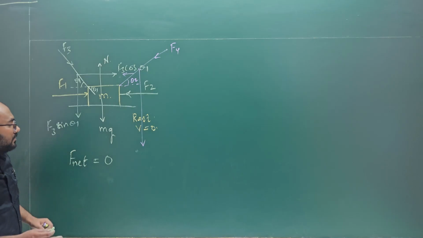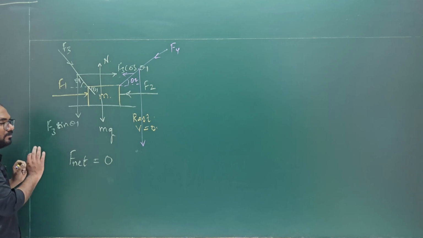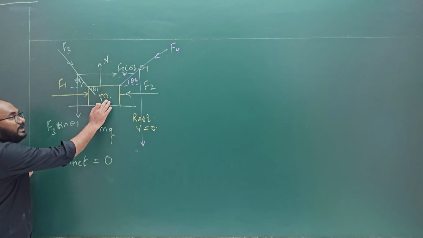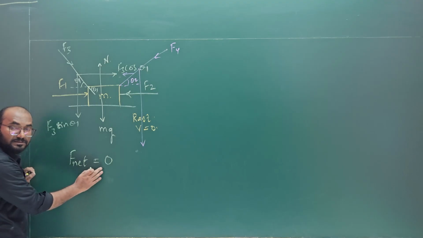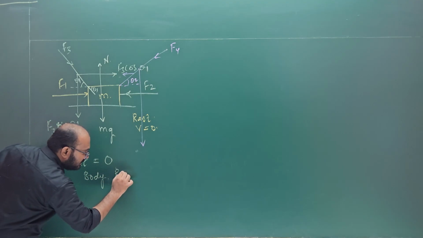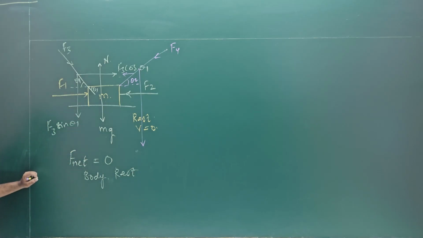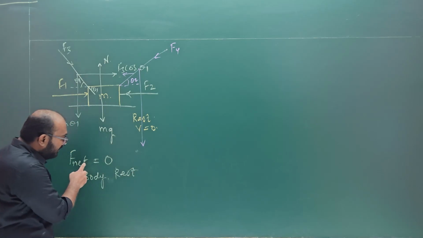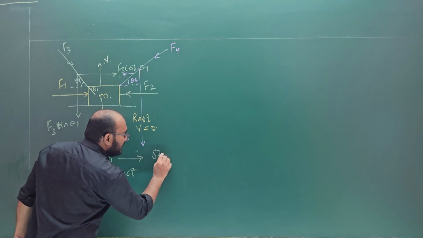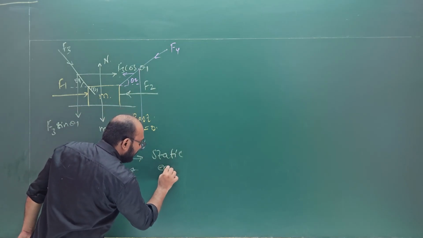Yes or no? So what I want to say is, if the total vector sum of all forces acting on the body, that is nothing but F net, is 0, then the body will still remain at rest. And whenever you find F net equal to 0, then the body is in static equilibrium. What will we call this state?